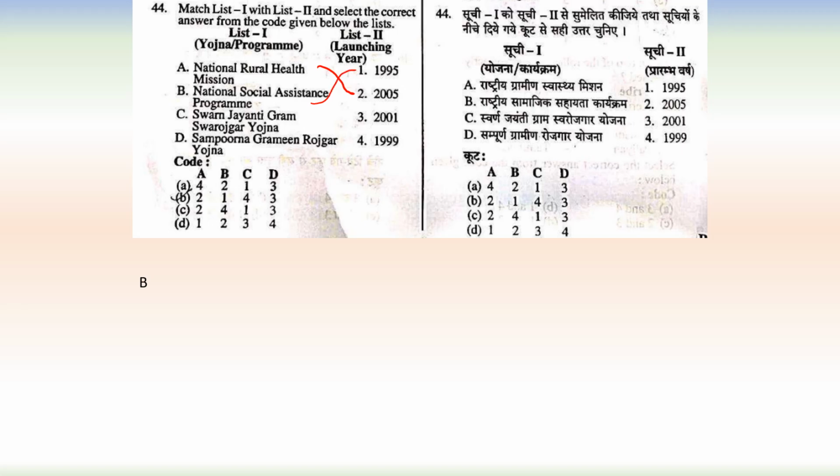Swarnjayanti Gram Swarozgar Yojana came in 1999. Sampoorna Gramin Rozgar Yojana came in 2001. So in this way, option B is correct here.